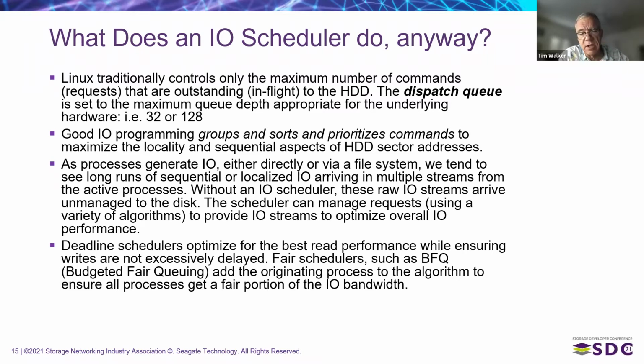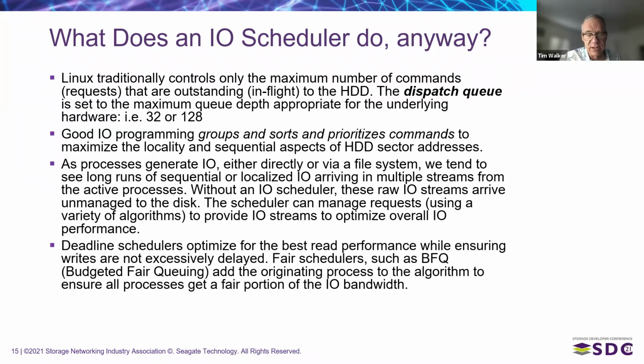We know Linux controls queue depth kind of indirectly, by limiting the total number of commands out to the drive. And we also know that in good IO programming, the goal is to group and sort IO commands to maximize locality, to keep them as close together as possible, and to maximize sequentialness for HDD workloads.